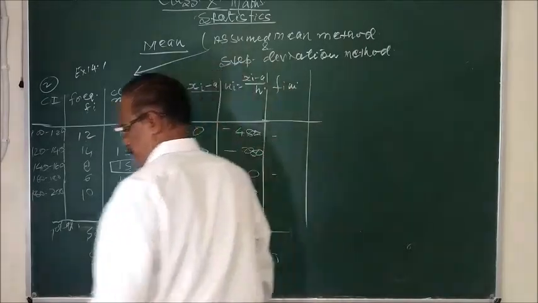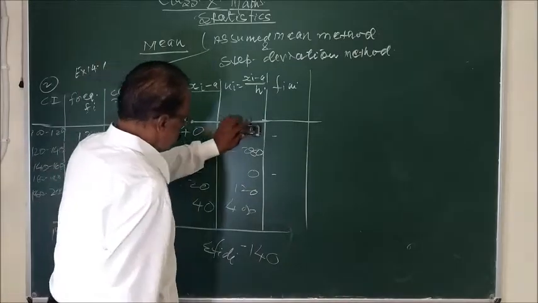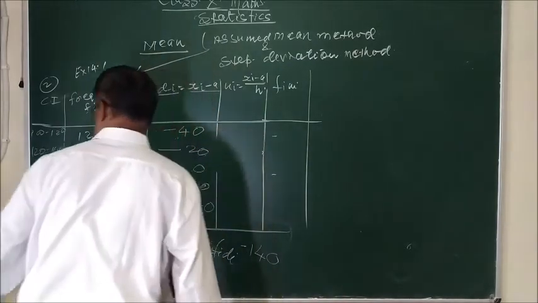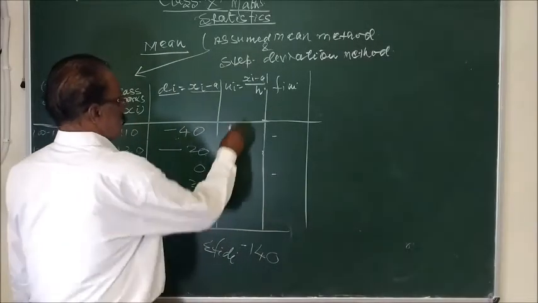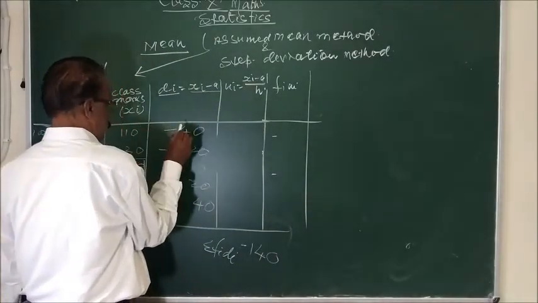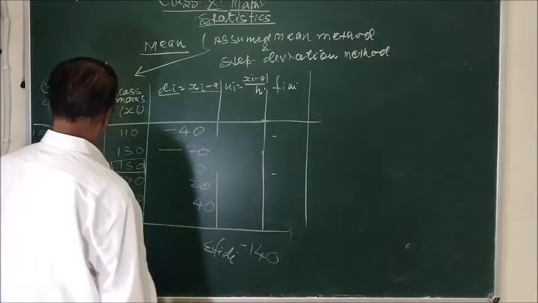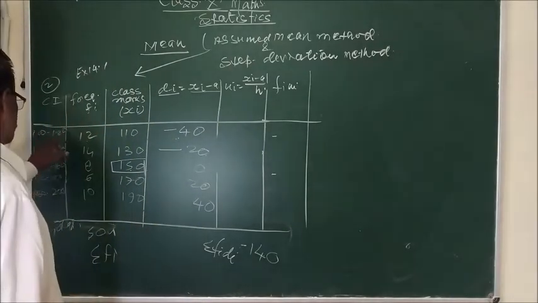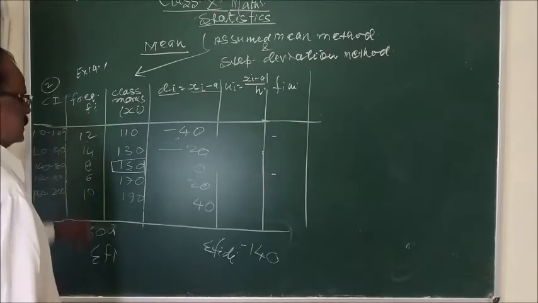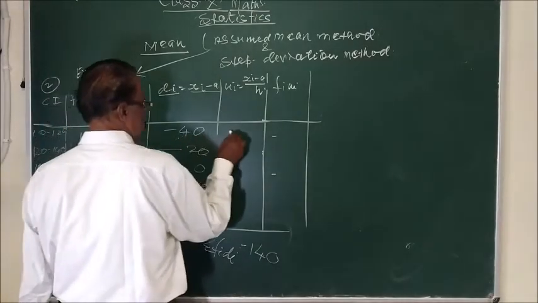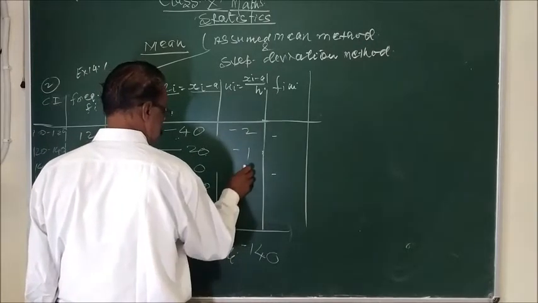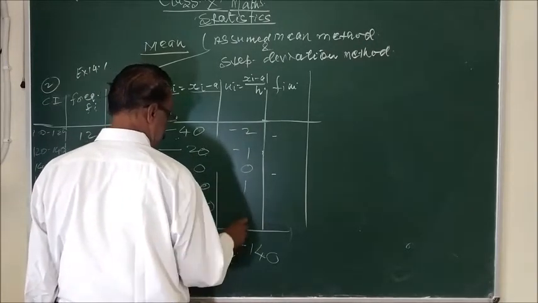Now you see, in the same column, I would like to explain. So ui: we find minus 40, and the class size you see here. What is the class size? 120 minus 100, that is 20. So minus 40 by 20 is minus 2, this will be minus 1, 0, this will be 1, and this will be 2.